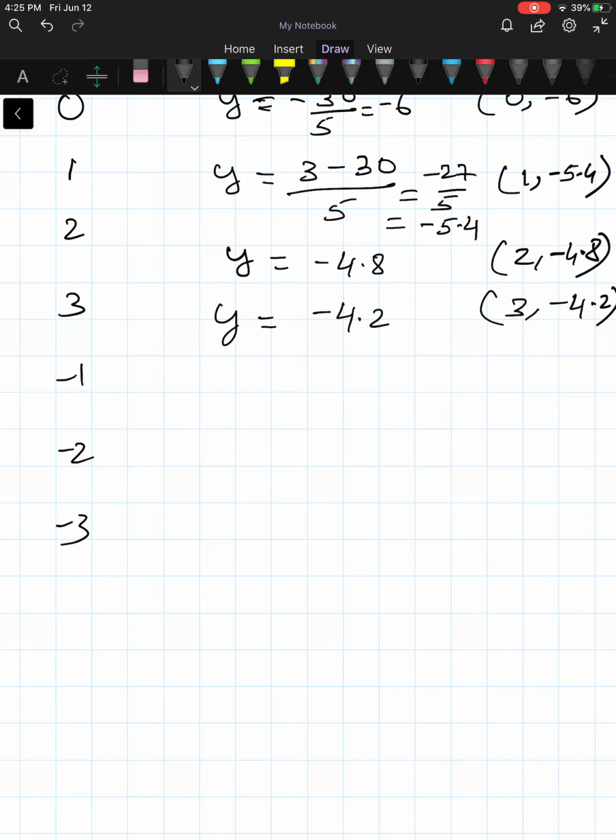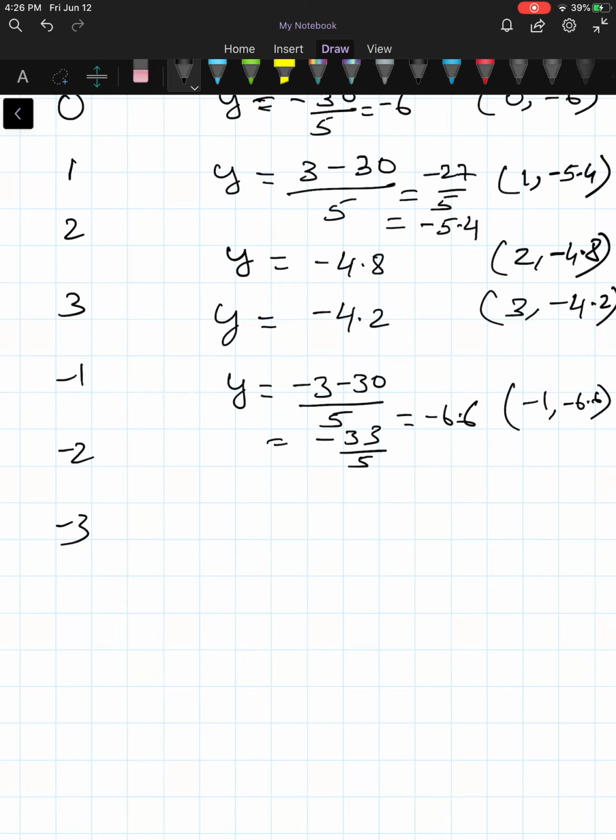So now coming to the negative values. When x is -1, y would be (-3 minus 30) divided by 5, that would be -33 divided by 5. So that would give us -6.6. So our point will be (-1, -6.6).